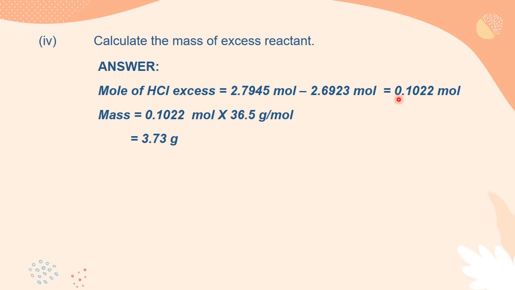So you get mole of excess HCl 0.1022 mole. So to get mass, we must multiply with molar mass 35.5 gram per mole. So the answer is 3.73 grams. So also for this question, you can get 3 marks.